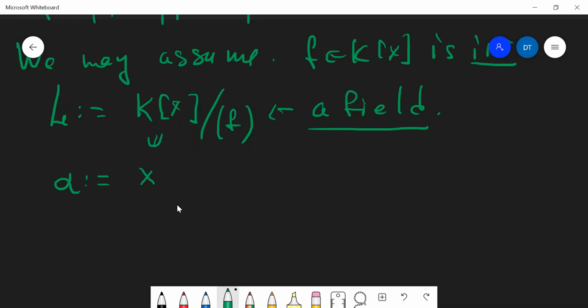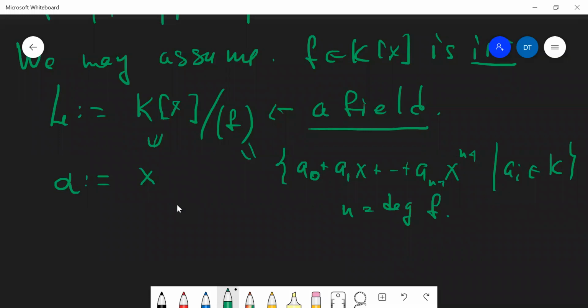Just let me recall, by definition, here are the sums of the form a0 + a1x + etc. + a_{n-1}x^{n-1}, where the a_i are elements of K and n is the degree of F. So we consider all polynomials of degree strictly smaller than the degree of F. The element X lives here.